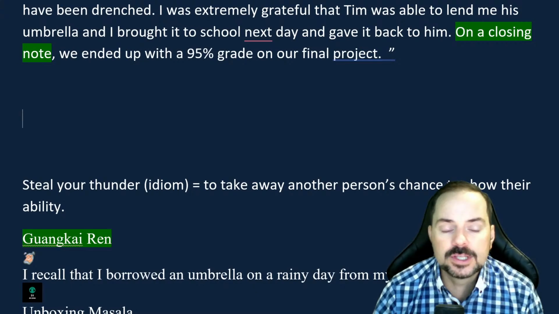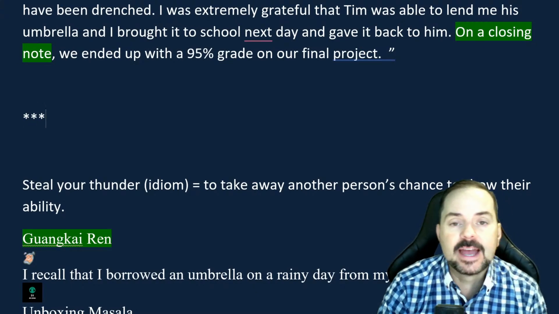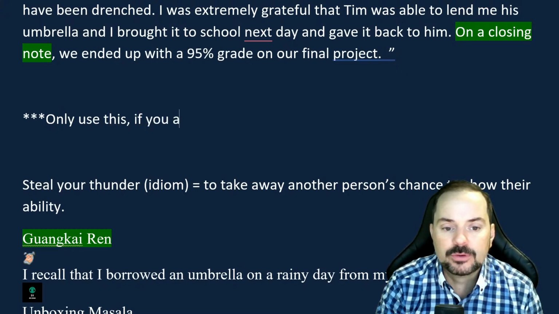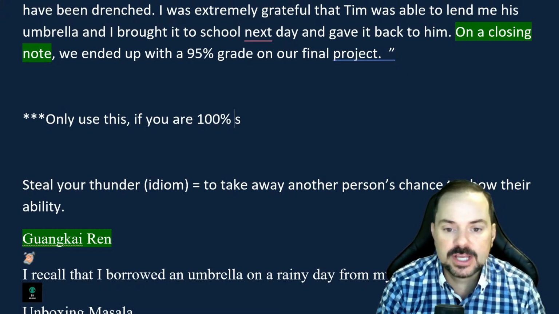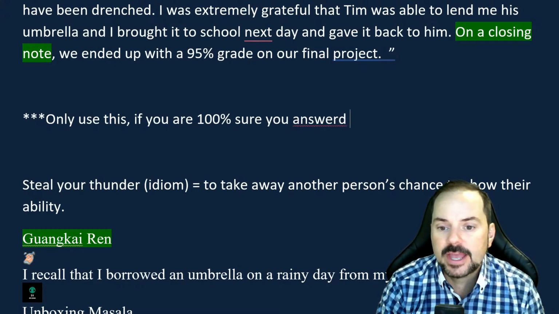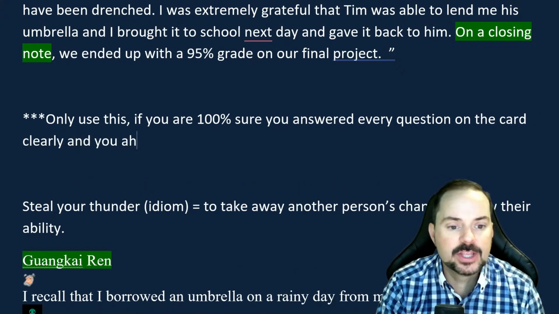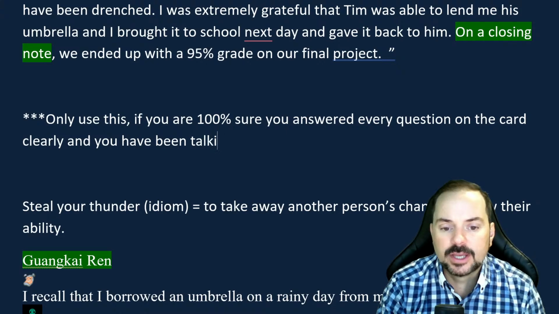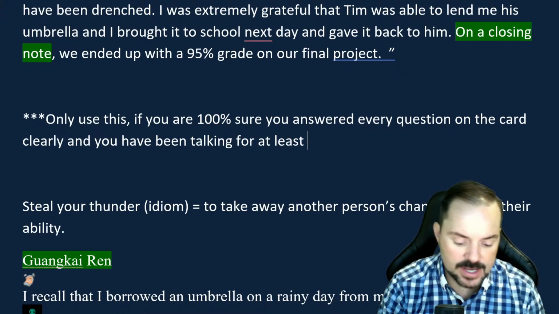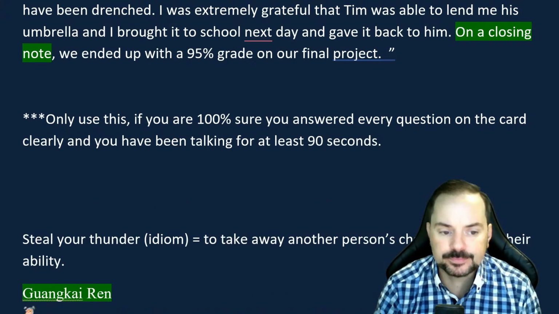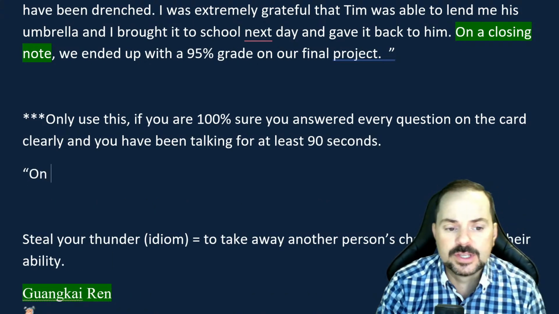But only use this if you are 100% sure you answered every question on the card clearly, and you have been talking for at least 90 seconds. Okay, if the examiner still hasn't stopped you, then you can use this expression, on a closing note.